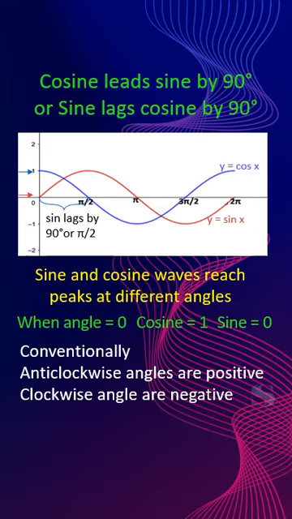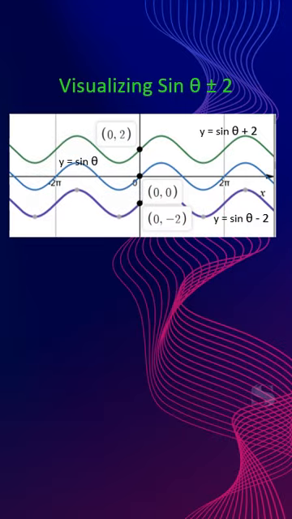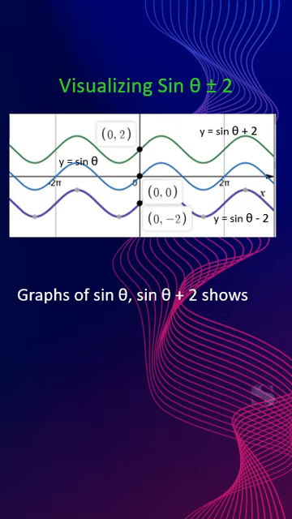So 270 degrees is a positive turn from 0, while minus 90 degrees is a clockwise turn reaching the same point on the circle. While we're at it, let's visualize what sine theta plus 2 or sine theta minus 2 might look like. The graphs below show sine theta along with its shifted versions.